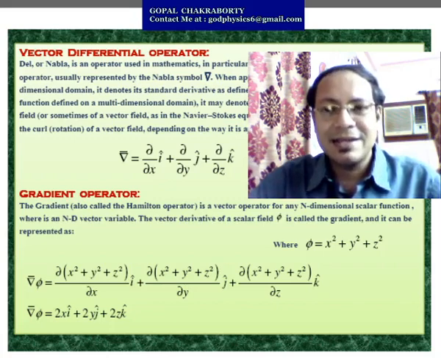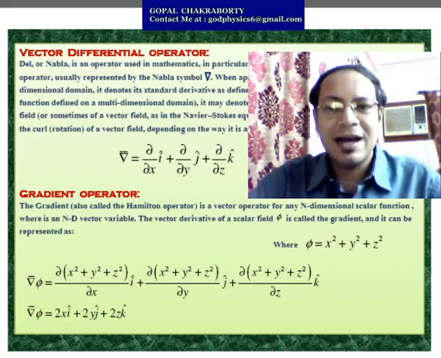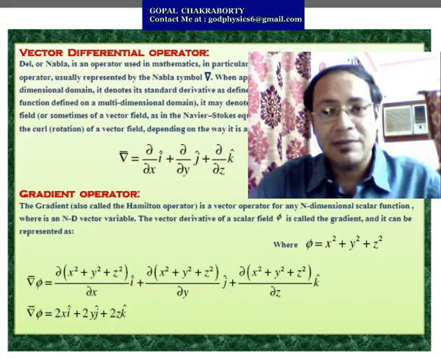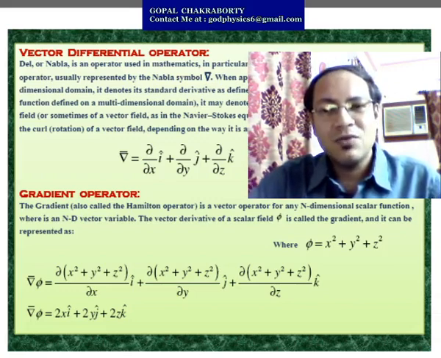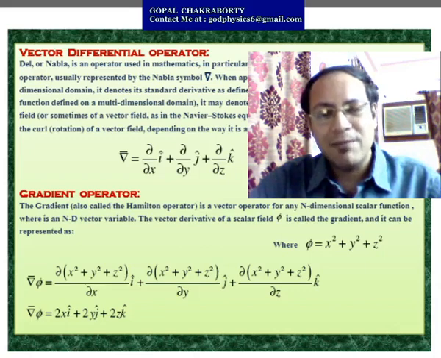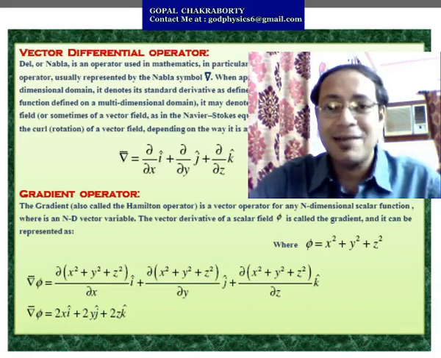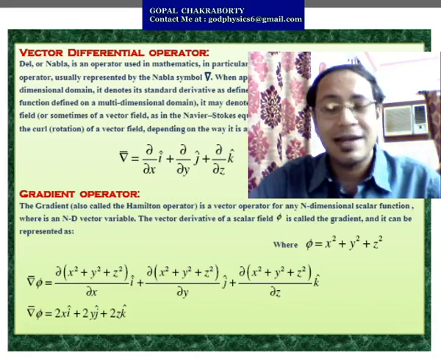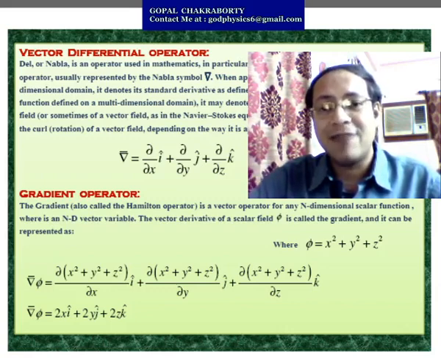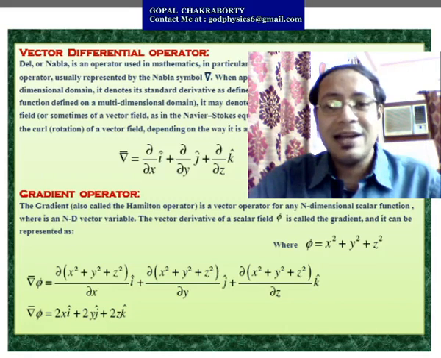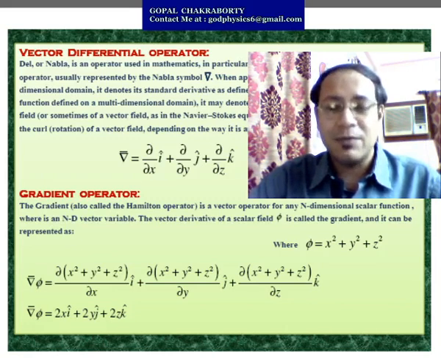From the first one you get 2x i cap, from the second one 2y j cap, and from the third one 2z k cap. So your result is 2x i cap plus 2y j cap plus 2z k cap. But you started with x square plus y square plus z square, which is a scalar function. Now when you operate this vector differential operator over phi, it makes it a vector quantity with a changed value. So this operator will be called the gradient operator.